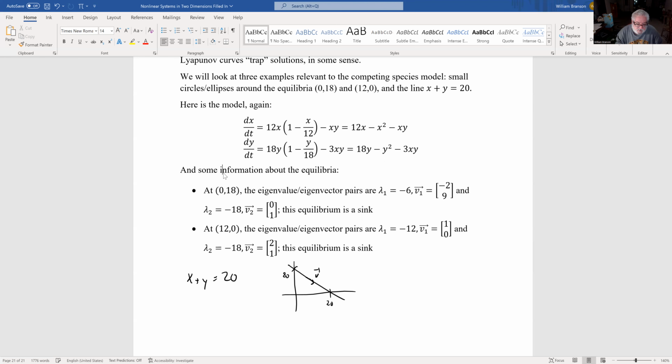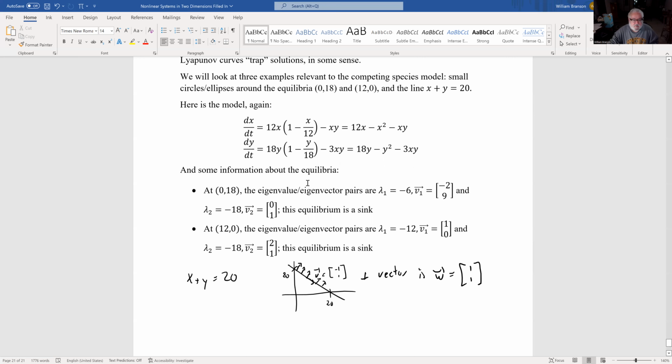The direction vector of this line is minus 1, 1, or 1, minus 1, depending on how you want to think about it. You go down 1 and over 1, and that gets you the slope. So what's a perpendicular vector to this? Well, you switch the components and drop the sign on one of them. So 1, 1. We think of the vector 1, 1 as being positioned along that line.